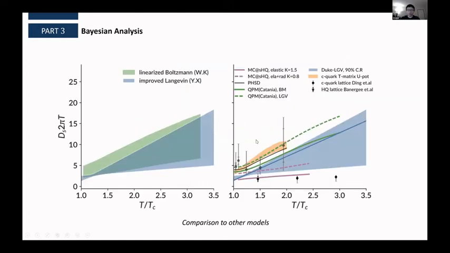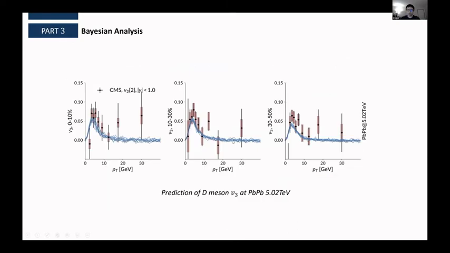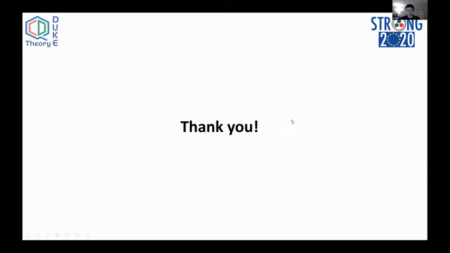And we can also use this extraction to predict other observables, for example the meson v3, and you can see the agreement with the data is quite good. So that's the strength of this Bayesian analysis. And that's all for my presentation. Thank you.